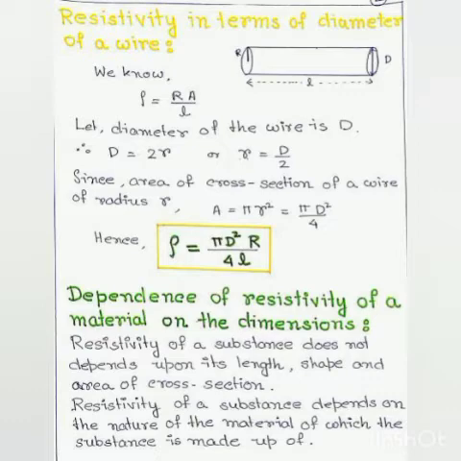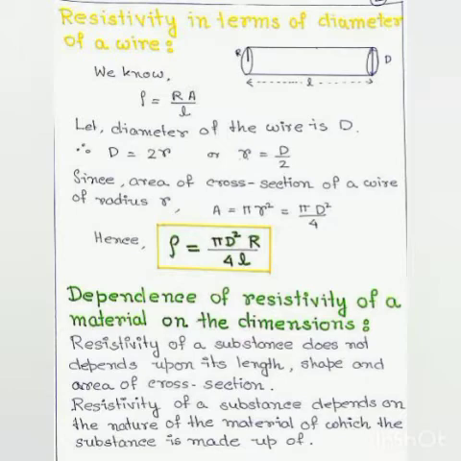Means if you are considering any wire, you have to consider a unit length with unit cross sectional area, or we can consider a cubical conductor with unit volume. So resistance of that unit volume will always be constant. Okay, so resistivity is like density. As density does not depend on the volume, shape, size, also resistivity will not depend on the shape, size or cross sectional area of the material.